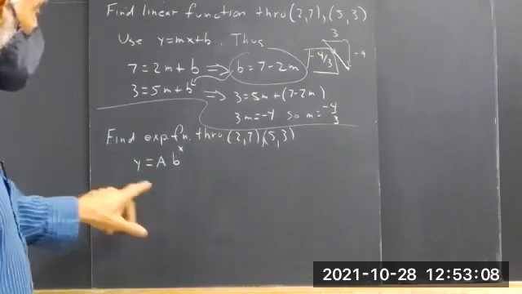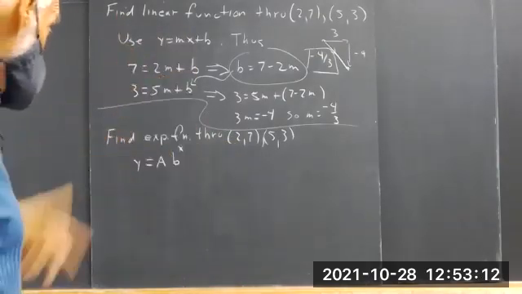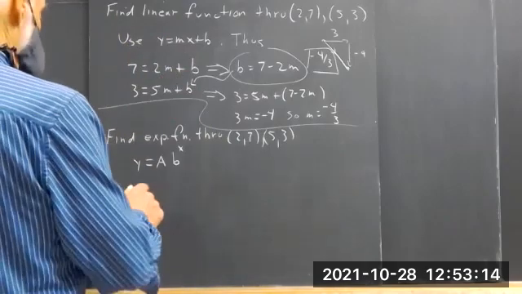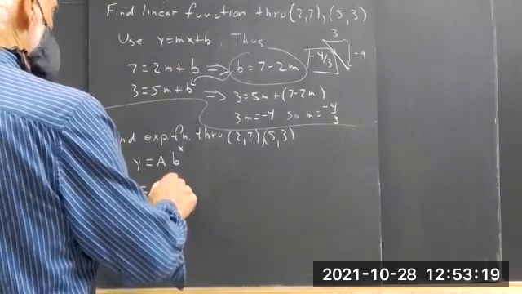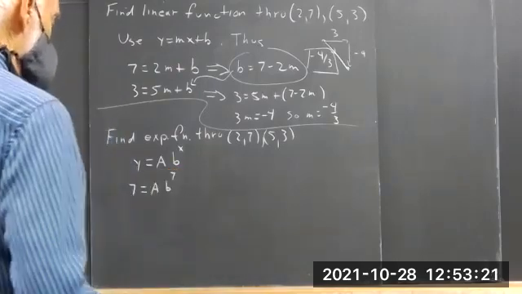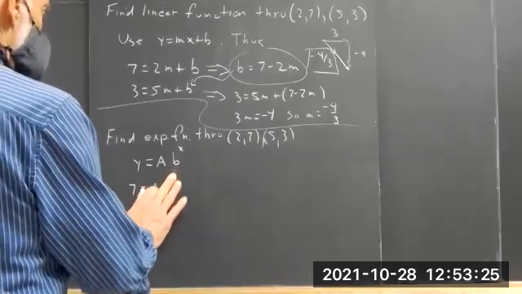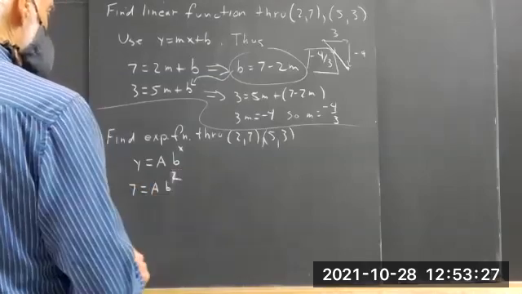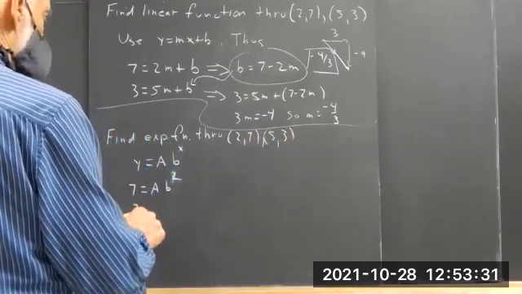You plug these coordinates into this equation, and you get the equation 7 equals a b to the 2nd power. And then you plug (5, 3) in, 3 for y.